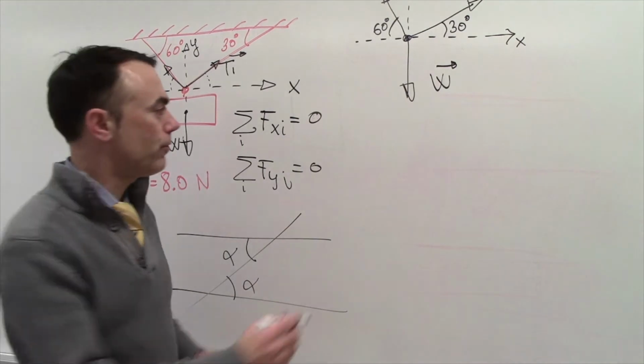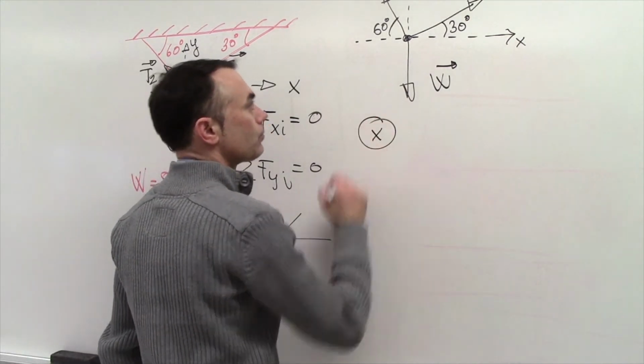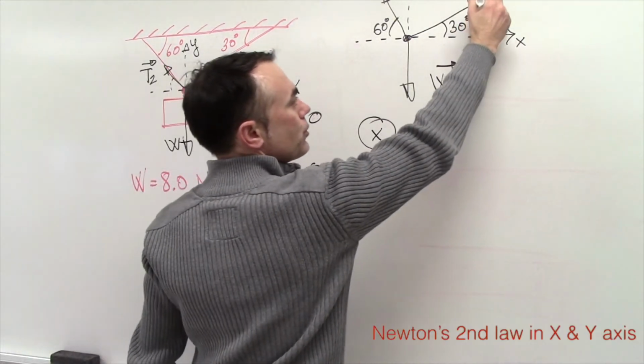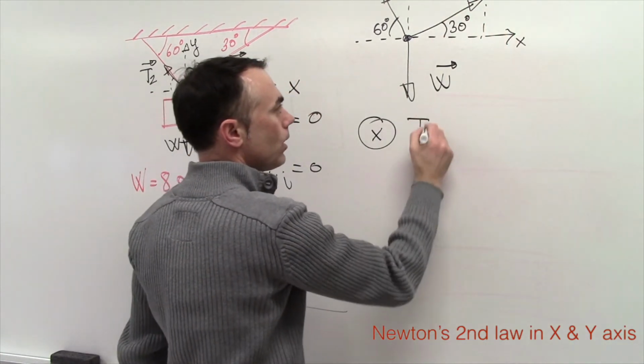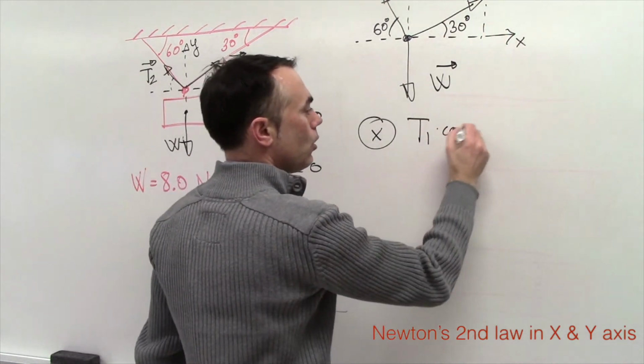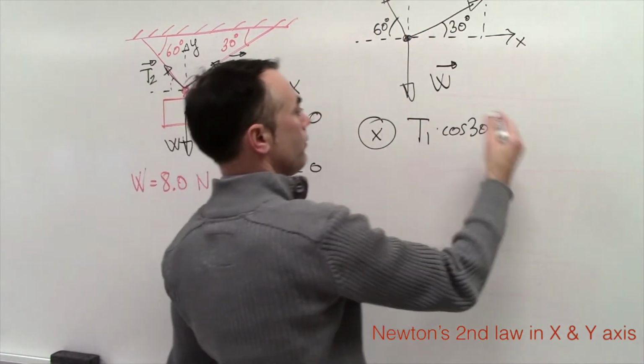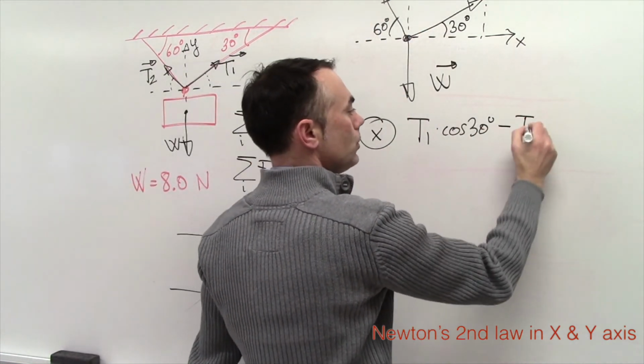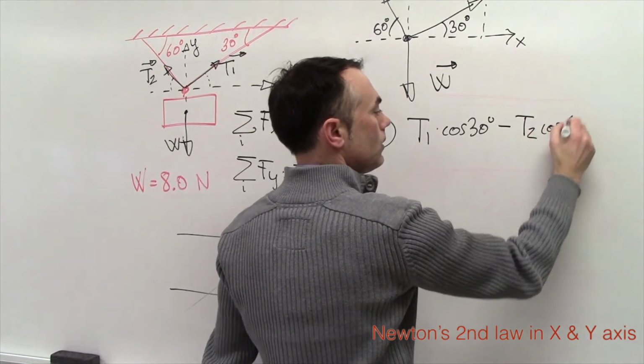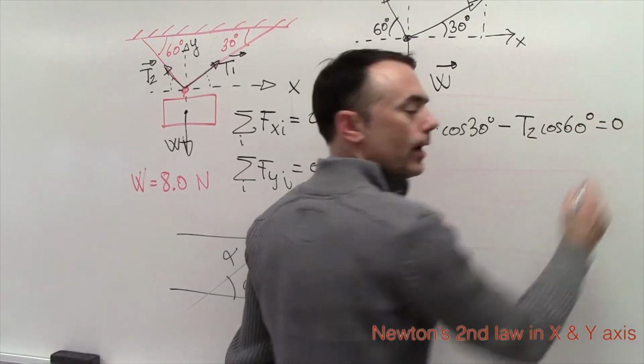So now let's project, first the x-axis. We have this projection here, so this will be T1 times cosine of 30 degrees, positive, and then negative we have minus T2 cosine 60 degrees, and that has to be equal to 0.